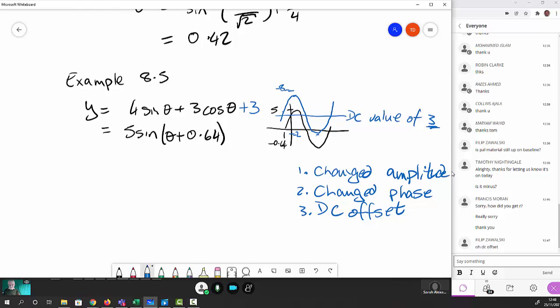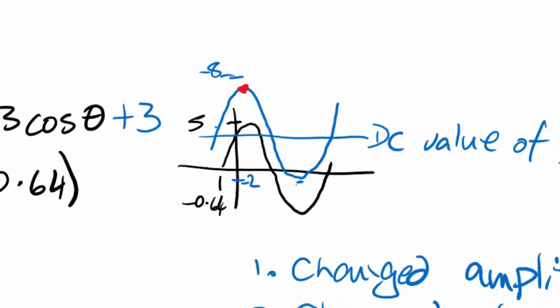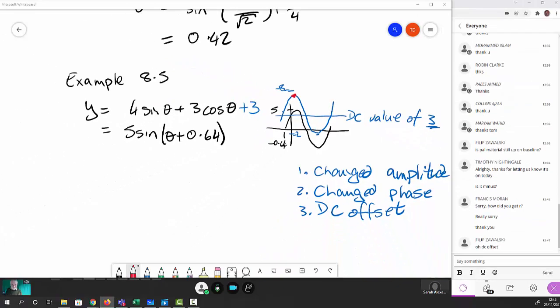So we've got the whole thing with a DC offset, and what I would like to know is the position of the first maximum. So how are we going to find that? Well, the maximum value is, let me put, I'm still in blue, so here.